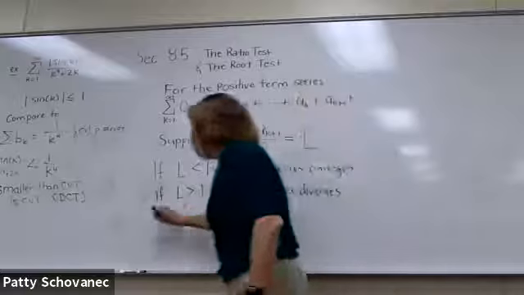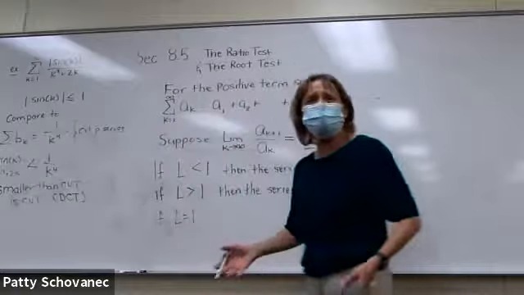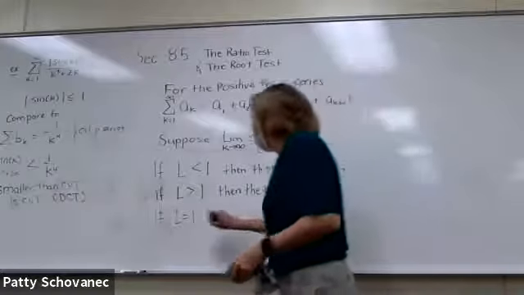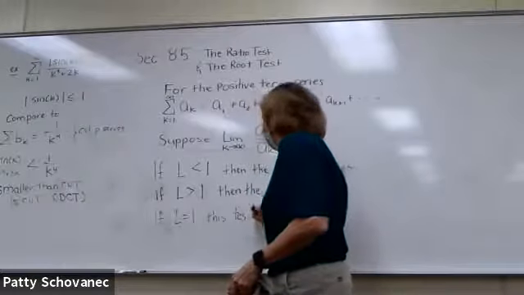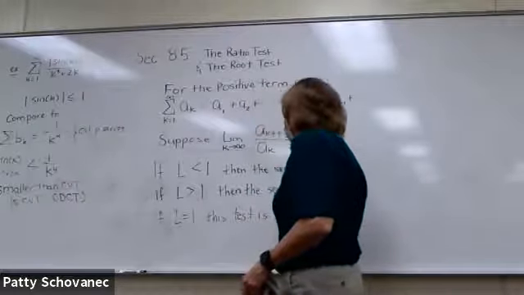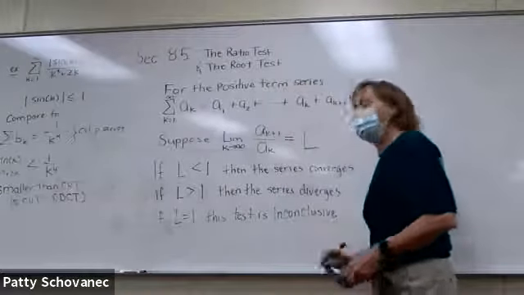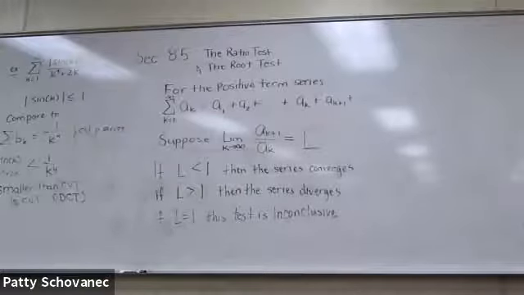The only problem is if L is equal to 1, you don't know anything. This test is inconclusive. Try something else. Usually a limit comparison or a comparison test will do it.